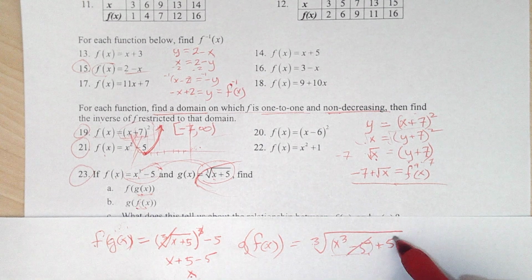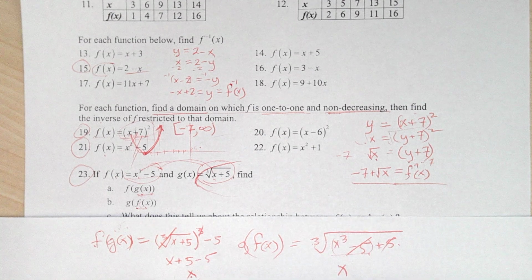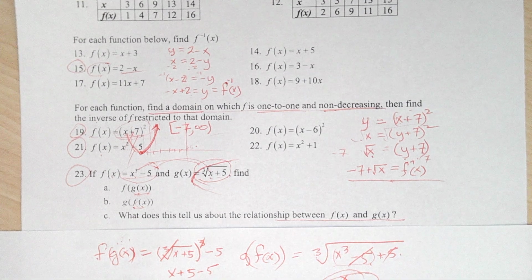The minus 5 plus 5 cancel. The cube root of x cubed is x. Once again, if you put a function inside another and you get x, what you put in is what you get out, then that tells you that they're inverses of each other.